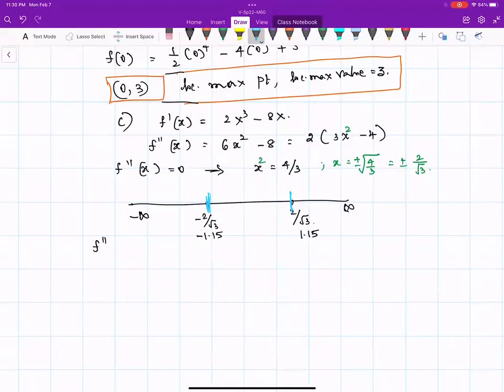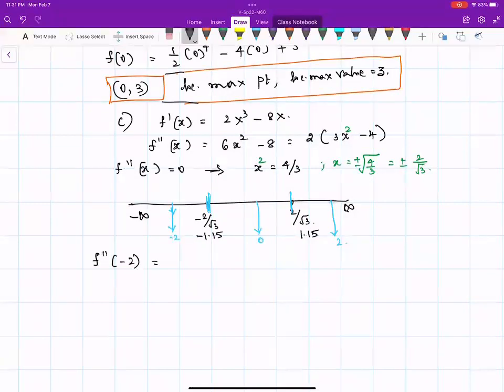It's negative 1.15. So if I pick, say, negative 2 here, the test point is negative 2. Here the test point can be taken as the origin. Here the test point can be taken as positive 2. Because we are discussing concavity, we are looking for the second derivative at the test point.